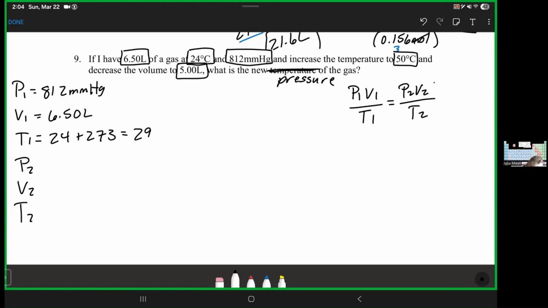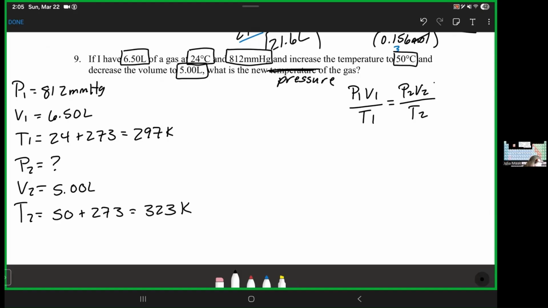So I get 297 K here. My second pressure is what we're looking for. My second volume was the 5.00 liters. And my second temperature was the 50 Celsius, but we have to add the 273. And we get 323 K for that.